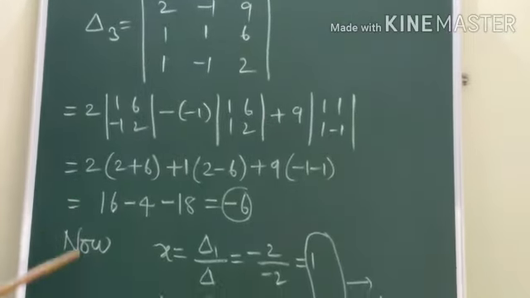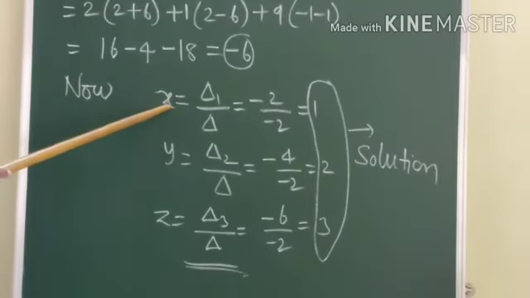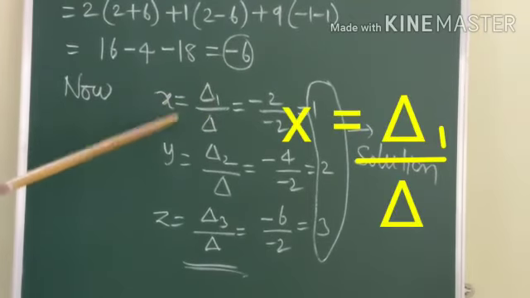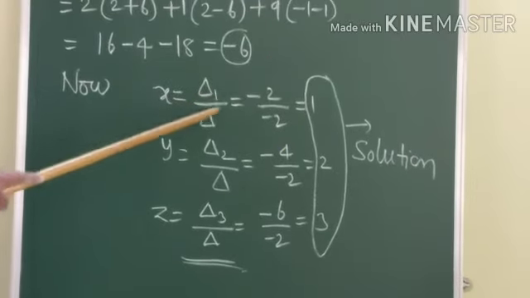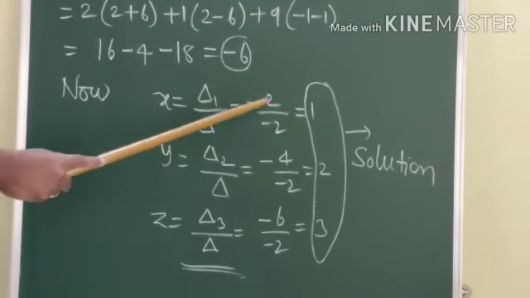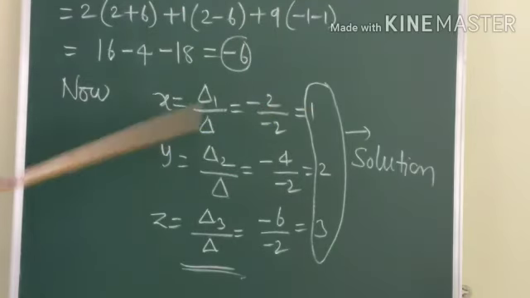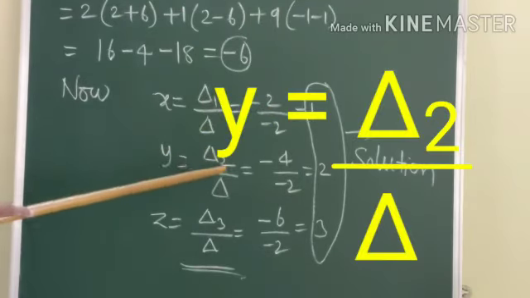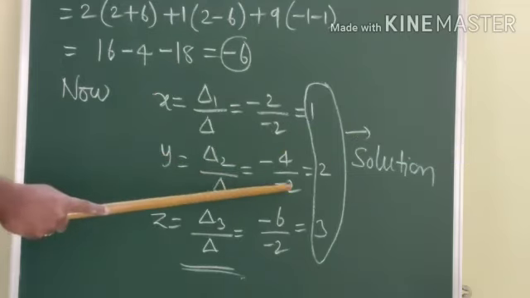Now we have to find the x, y, z values. What is the formula for x? Delta 1 by delta. The delta 1 value we found is minus 2, and the delta value is minus 2. Minus 2 by minus 2 is 1. The x value is 1. And for y, delta 2 by delta. What is the delta 2 value? Minus 4. And the delta value is minus 2.